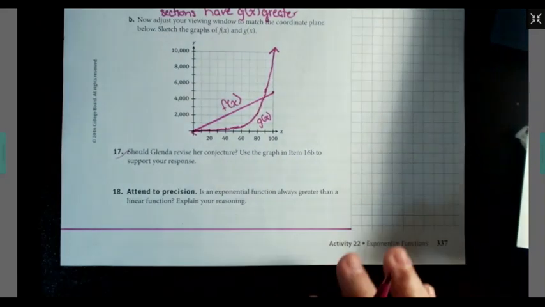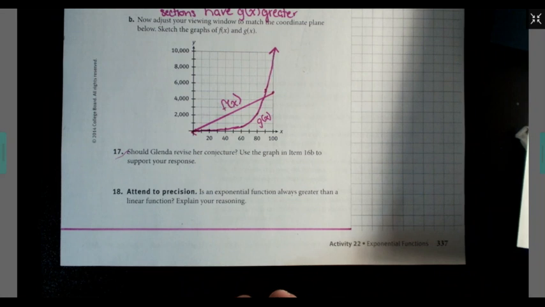All right, should Glenda revise her conjecture? Use the graph from item 16b to support your response.